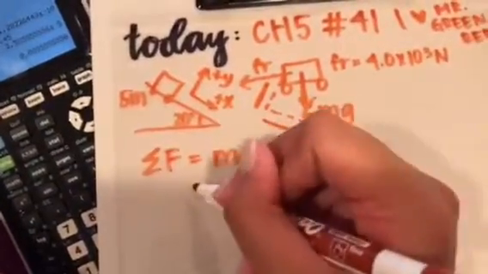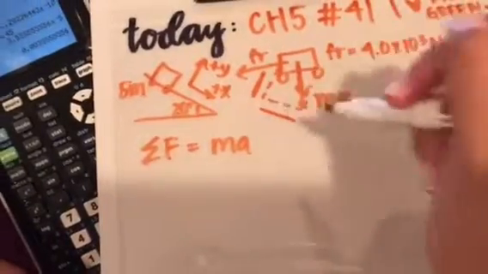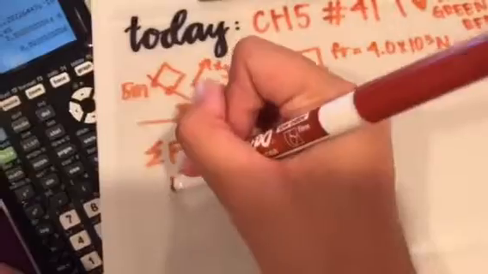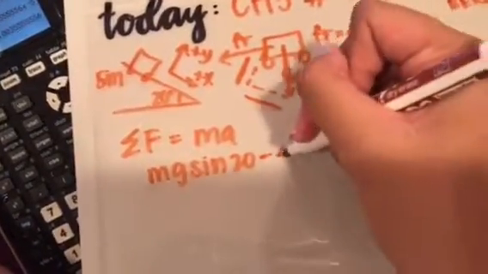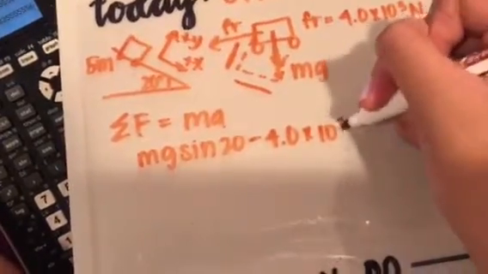So first, to find our sum of forces, we use our basic equation, F equals ma. So in our x direction, we have our mg sine 20 right here, and we subtract friction because it's going in the negative x direction. And our friction is 4.0 times 10 to the third newtons.